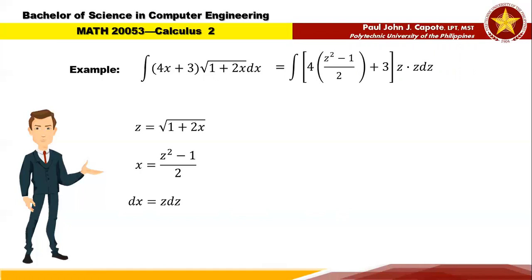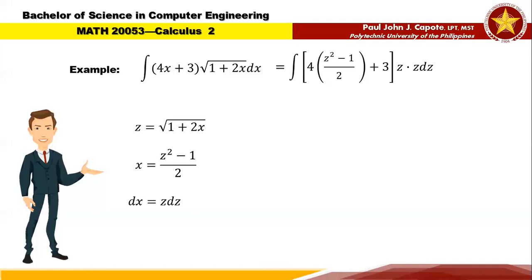Examining our original integrand, we know that we have 4x plus 3 times the square root of 1 plus 2x dx. Taking into account this 4x plus 3, we know that x is equal to z squared minus 1 all over 2.